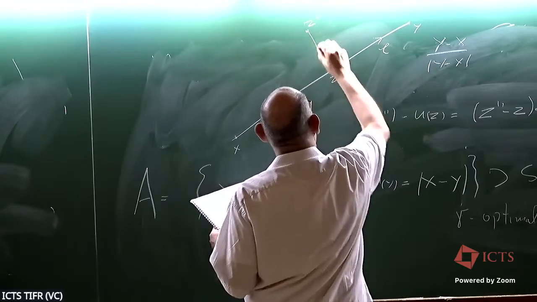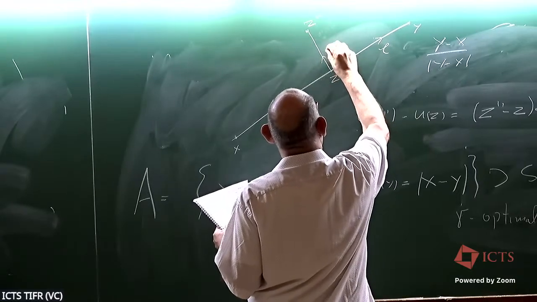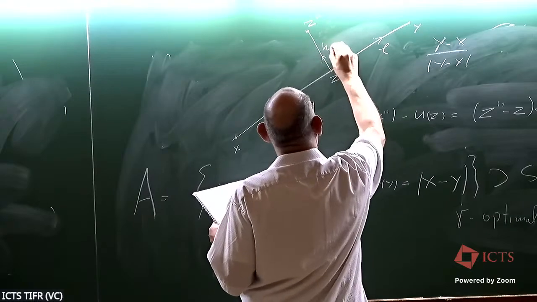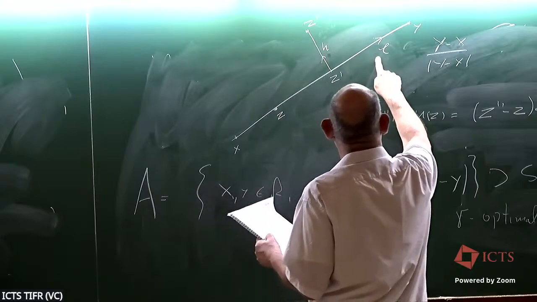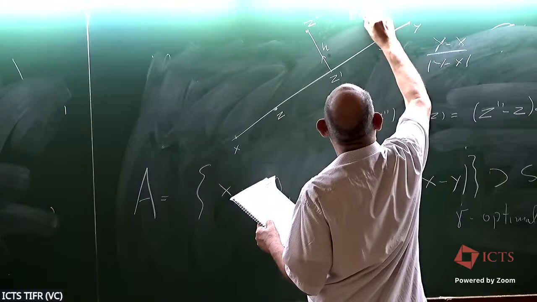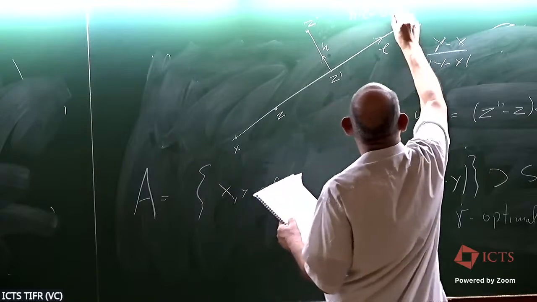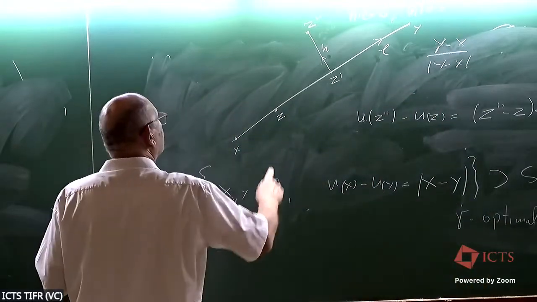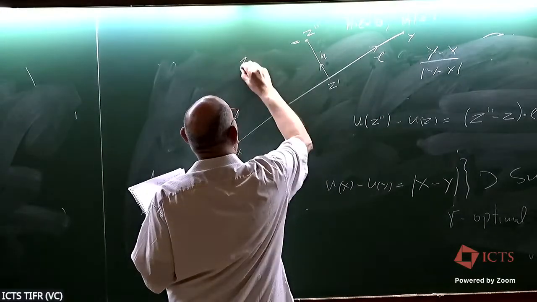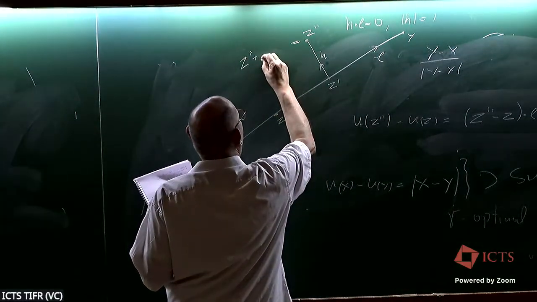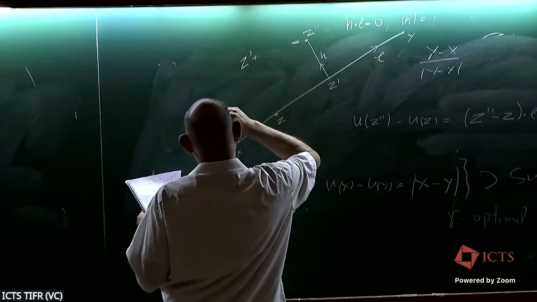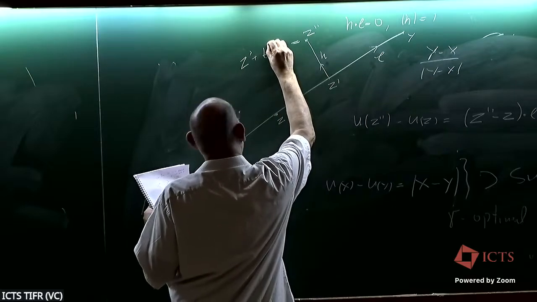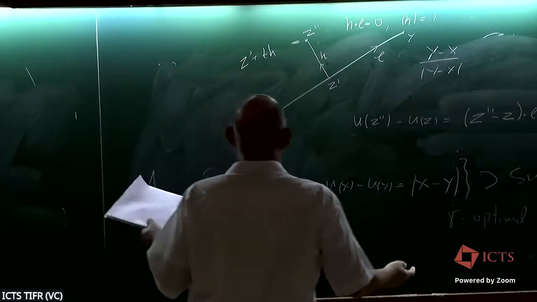This is the projection of Z double prime on the line, and this direction called H. And H is a unit vector perpendicular to E. So Z double prime is actually Z prime plus TH, T is some number.